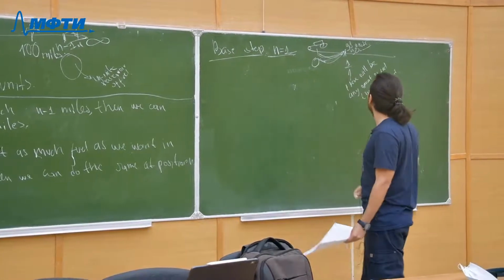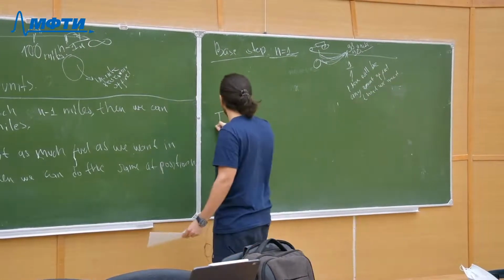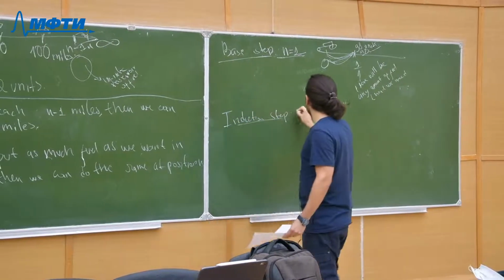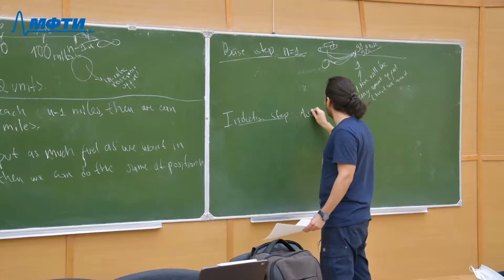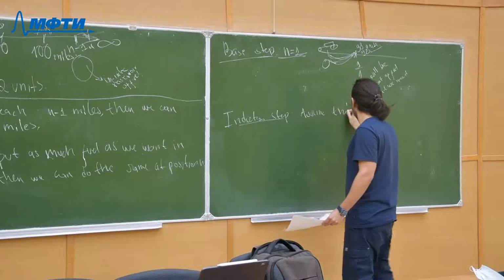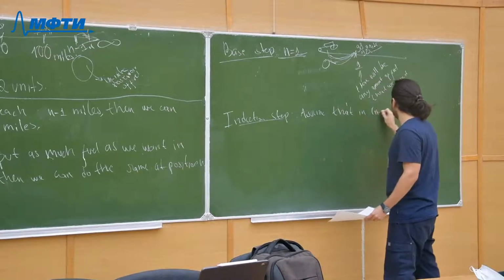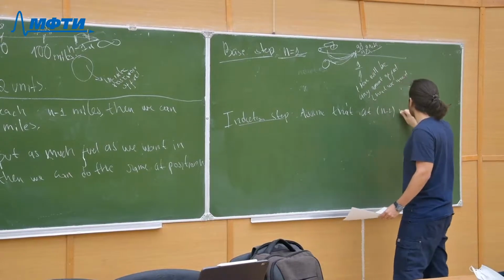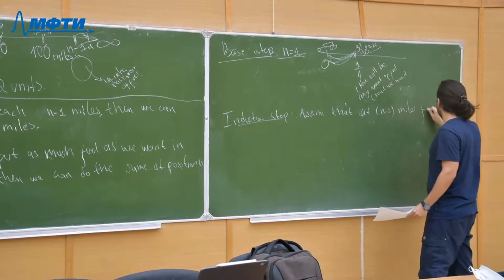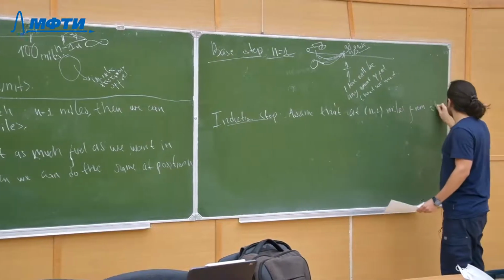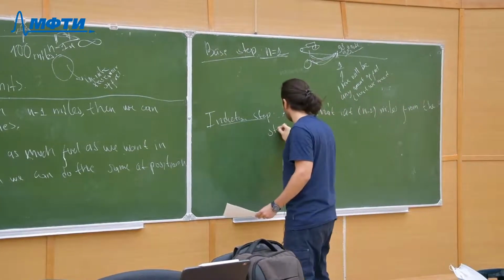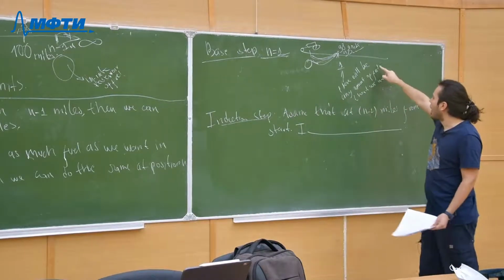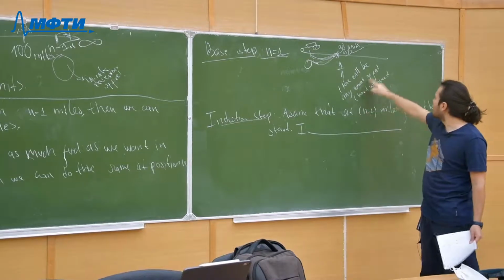We can do this, of course. Now the induction step is that we assume that at n minus 1 miles from the start, and here I have to write this, I put as much fuel as I wanted.